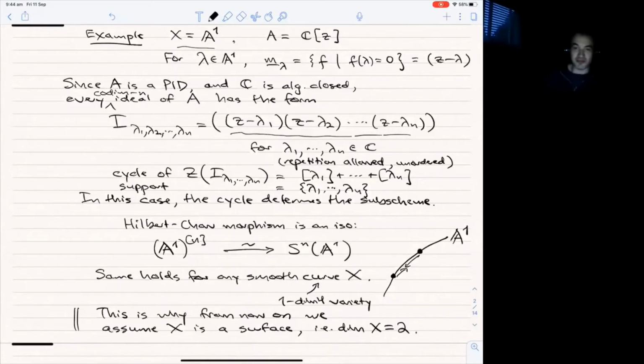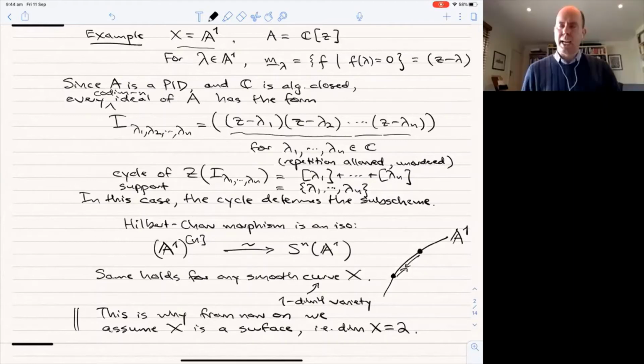So for zero-dimensional subschemes of a smooth variety, they're determined just by multiplicity and direction in a tangent space? No, I don't believe that's true either.